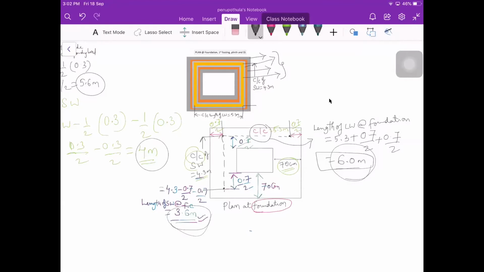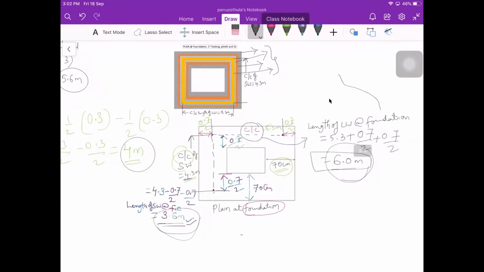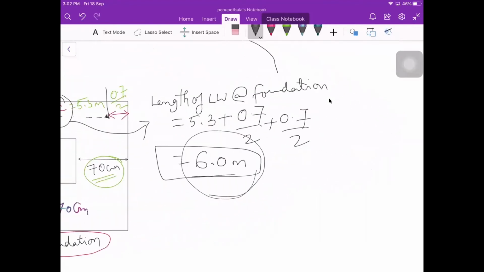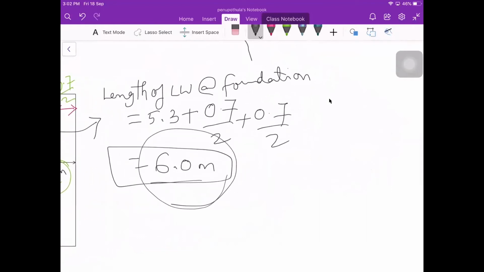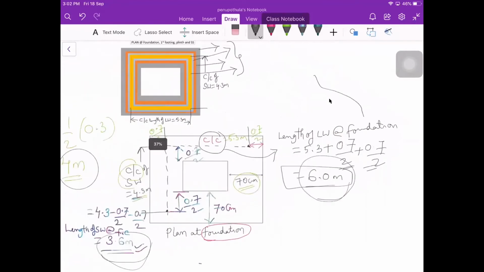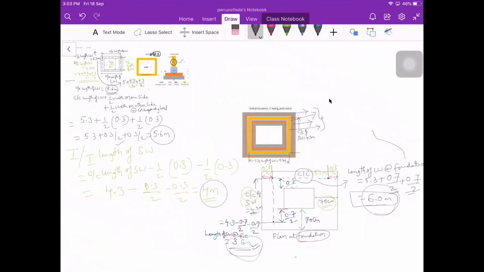So when we are solving the problem, once you get acquainted with this, half width on one side, half width on the other side, directly we will take from the sectional plan. We will see the sectional plan here.